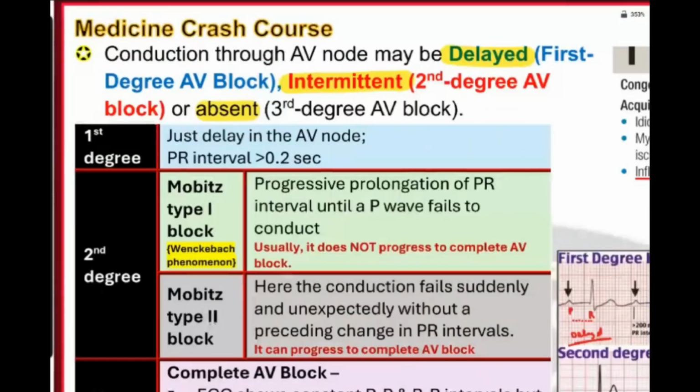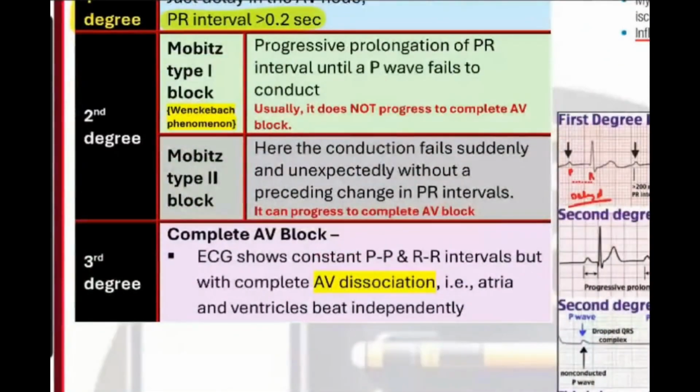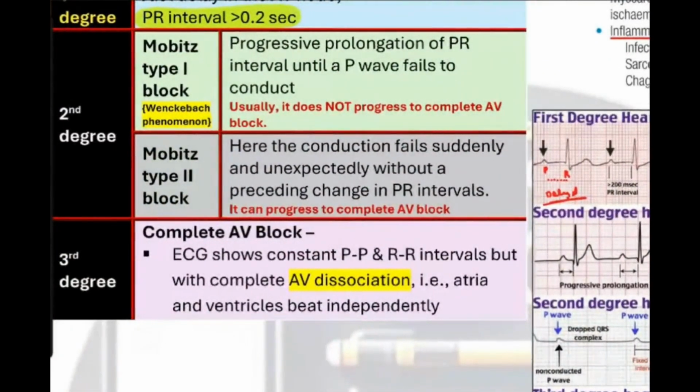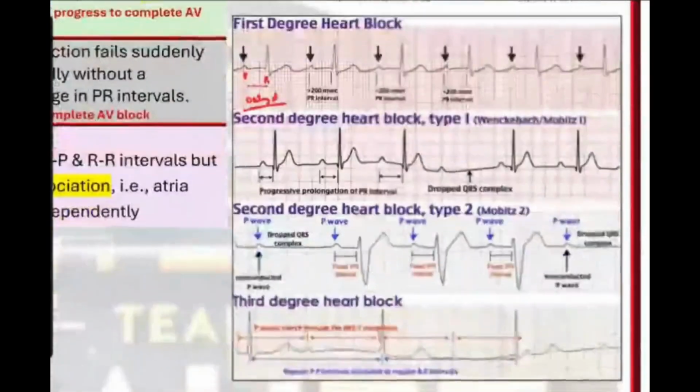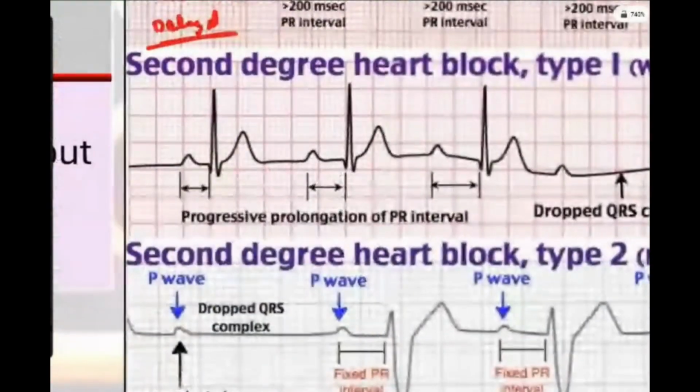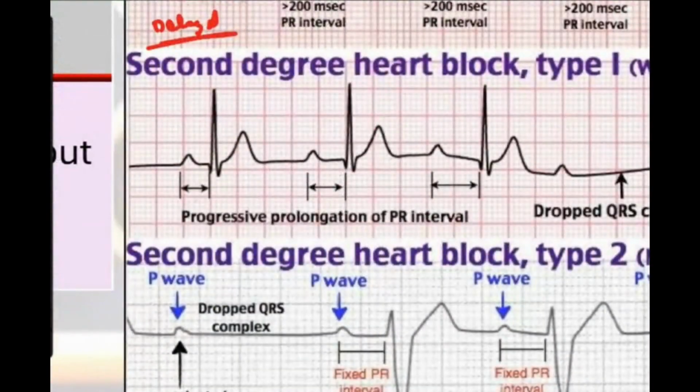Okay. In AV block, only the PR interval will be prolonged in first degree. In second degree, what happens? Intermittently, there is no conduction. Based on that, it is of two types: type 1 and type 2. In type 1, the PR interval will be there, but progressively it is elongating. As you can see here, the PR interval was, let's say, 1.